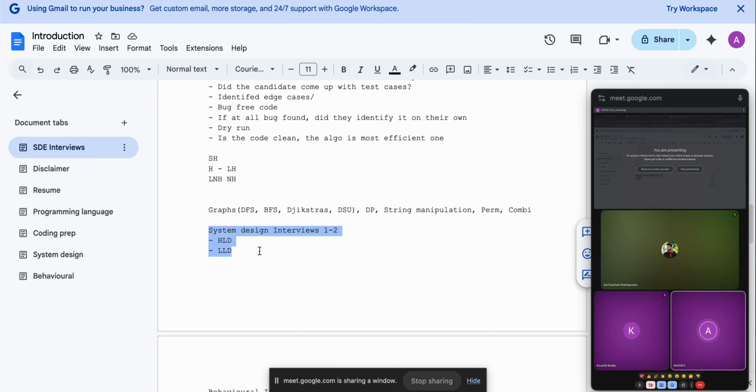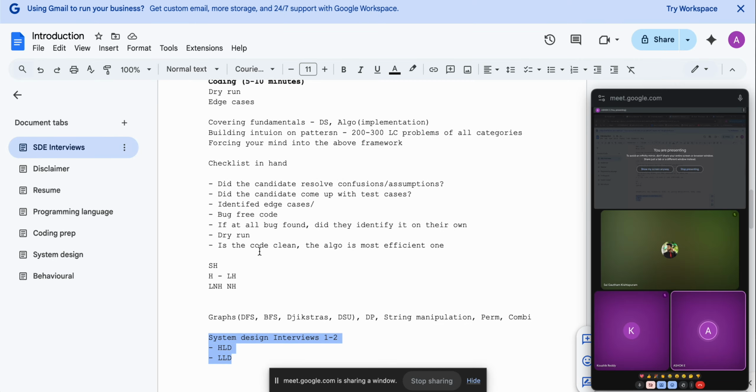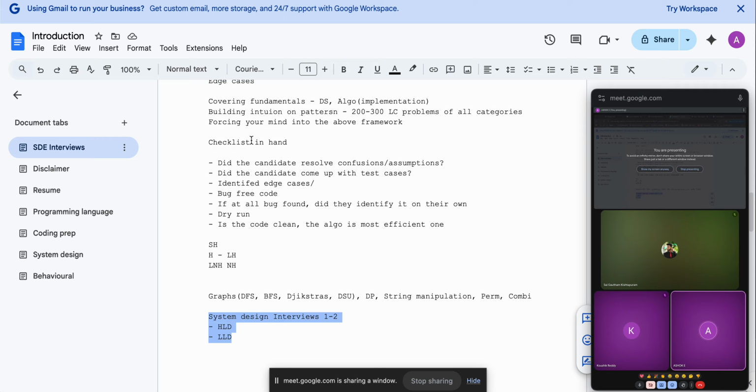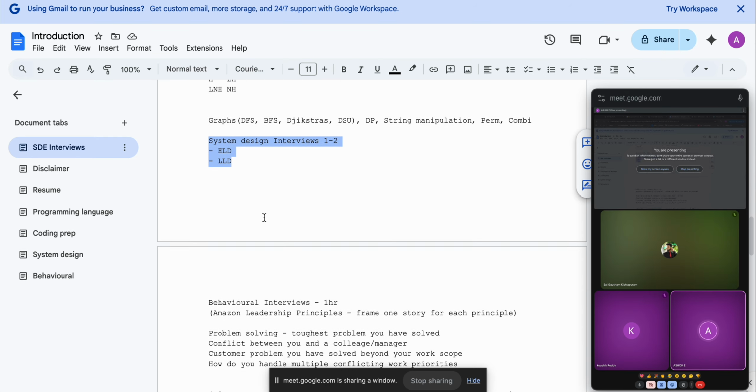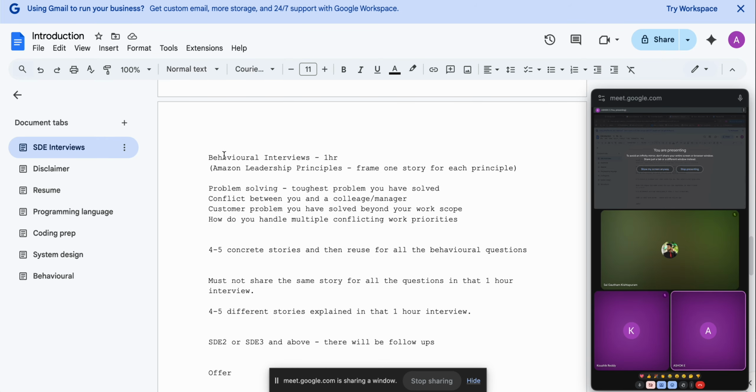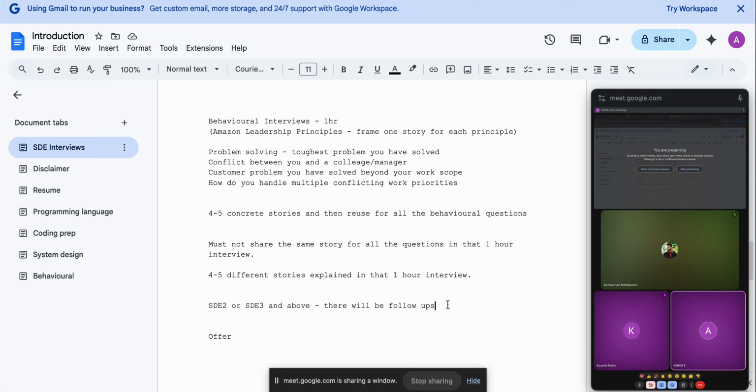But in case I find that you people have already covered most of the things in coding, we will straight away jump into system design discussions, right? For behavioral interview, you can keep these inputs in mind, go through the Amazon leadership principles, and prepare stories for these 4 main problem areas, right?